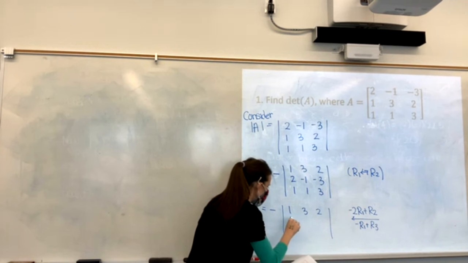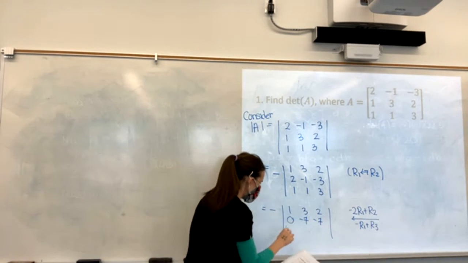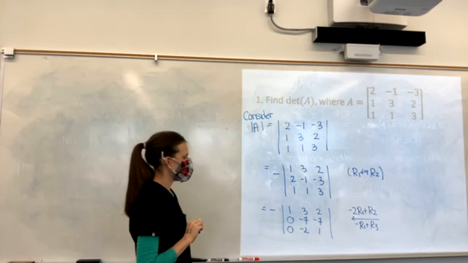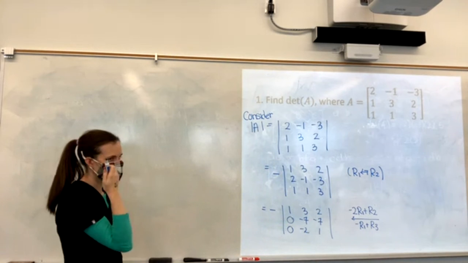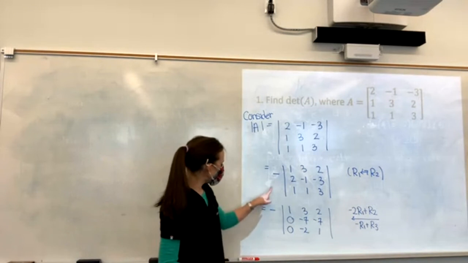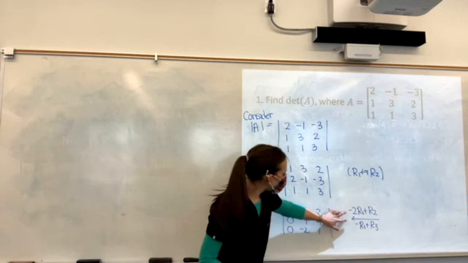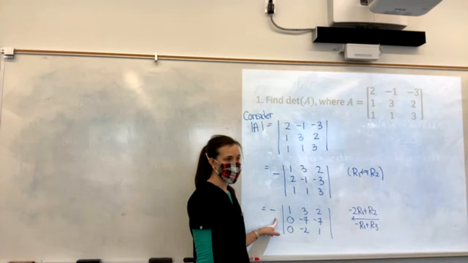And that will give me 0, -7, -7, and 0, -2, +1. But I've got my negative that's tagging along from the row swap. Adding a multiple of one row to another does not change my determinant. So it doesn't do anything, right?